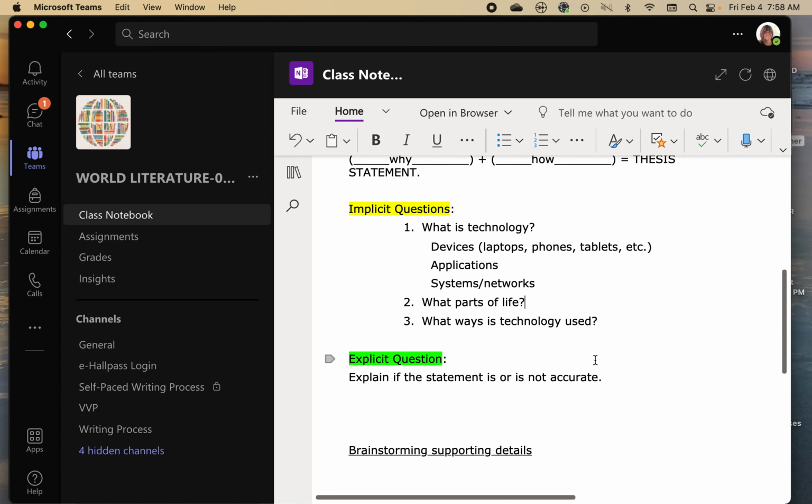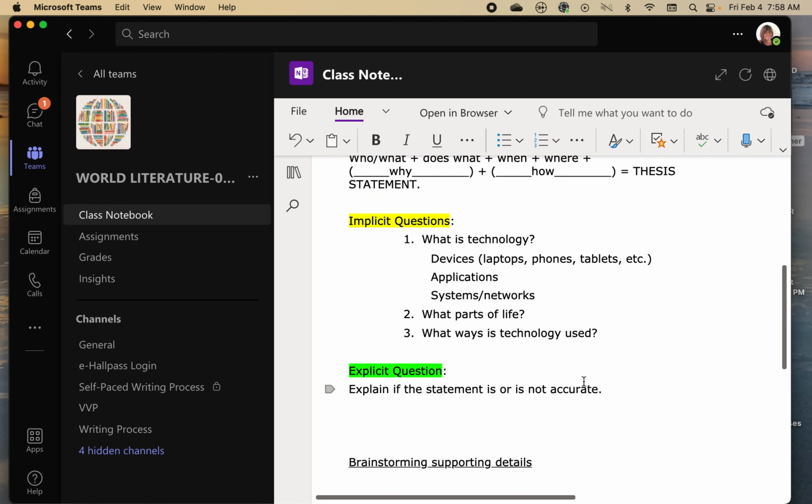I'm not going to go through that whole shebang with you right now because I want you to do that with the implicit and explicit questions that you did for your prompt. You're going to pick one of the ones that you did because we had a lot of you do 2 prompts to practice breaking those down.